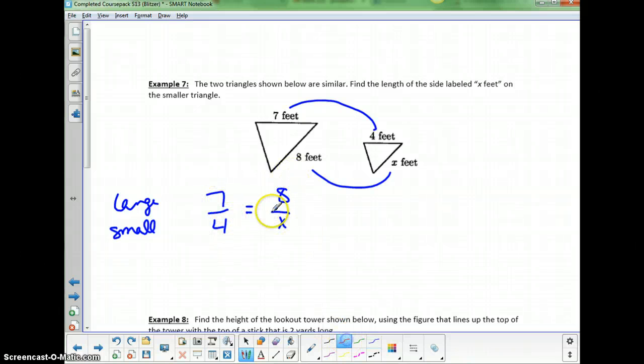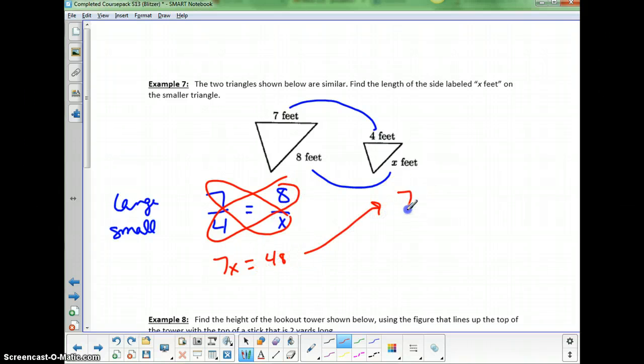And we'll cross multiply. 7 times x equals 4 times 8. 4 times 8 is 32, and then we'll divide both sides by 7.